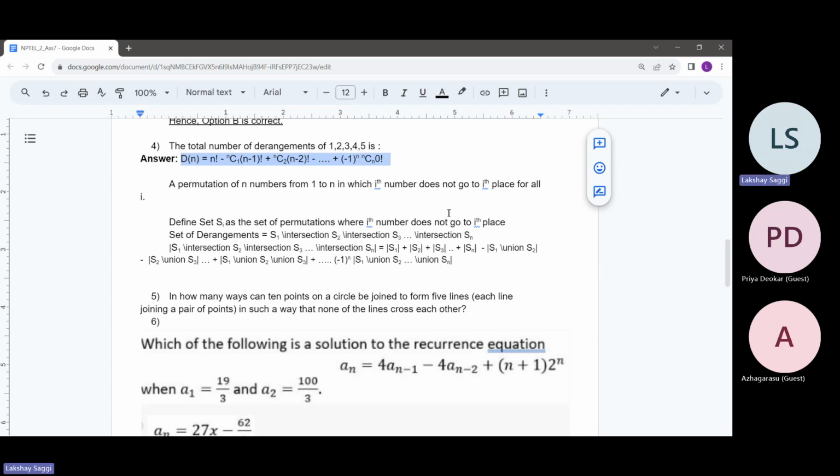Because the number of permutations where first number does not go to first place can be easily calculated, I guess, because the first number has now only n minus 1 choices to go. Now, second number will also have only n minus 1 choices. So it will be something like n minus 1 times n minus 1 factorial or something like that.